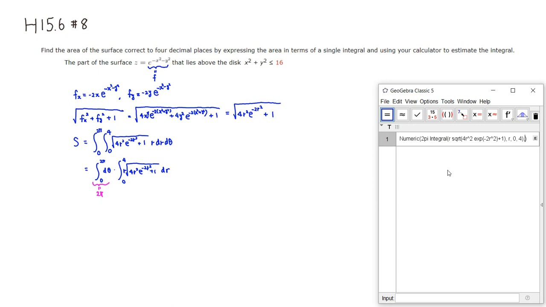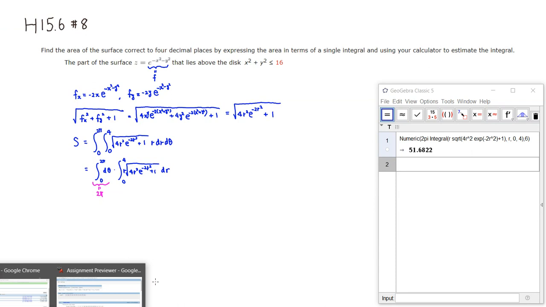Then I need 4 decimal places, actually I need 2 more, so 6. You can see that the value is 51.6822.